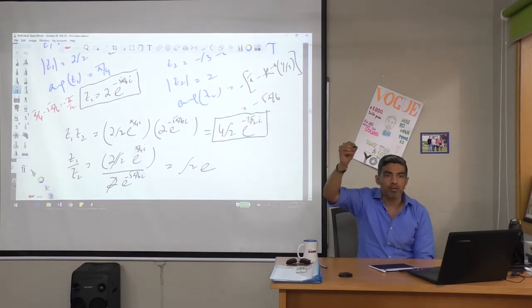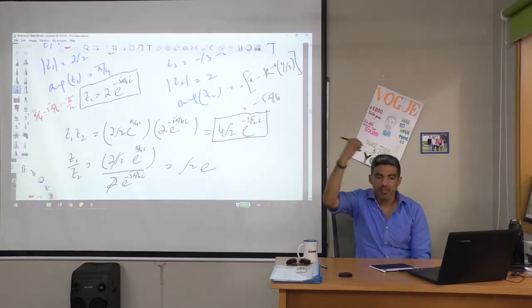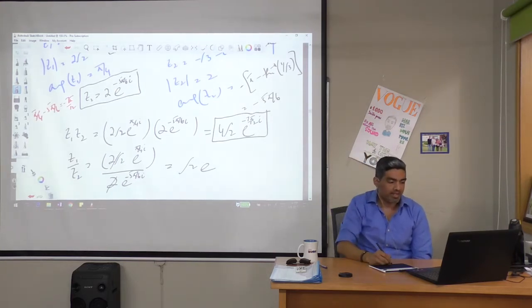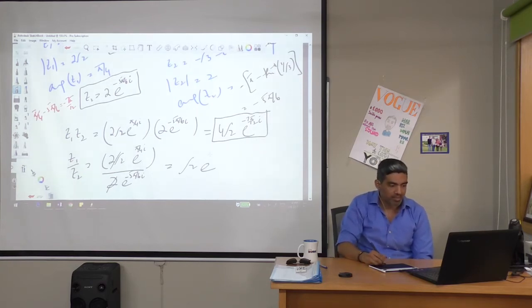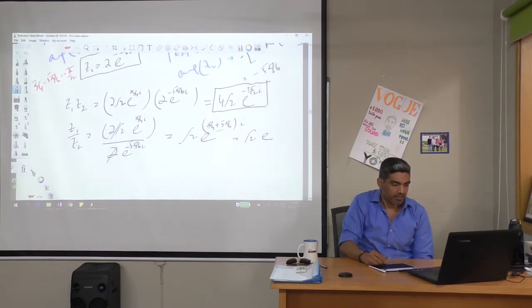The denominator's power goes up, it becomes negative, so you subtract: numerator's power minus the denominator's power. This is exactly what we do in division. In this case, it becomes pi by 4 plus 5 pi by 6. Okay, now this is exceeding pi. Your answer for this is coming out to be, how much did you say?